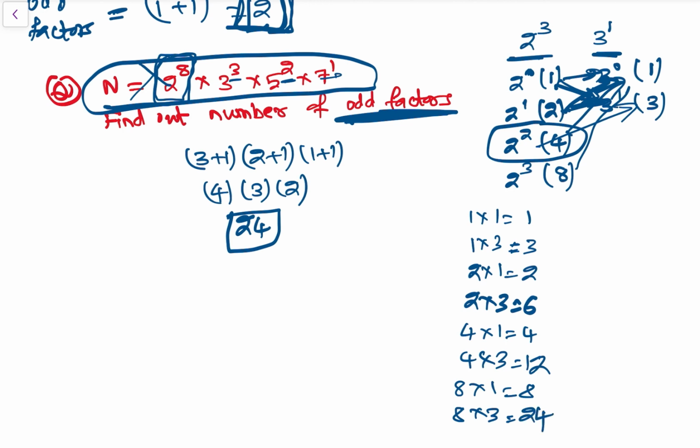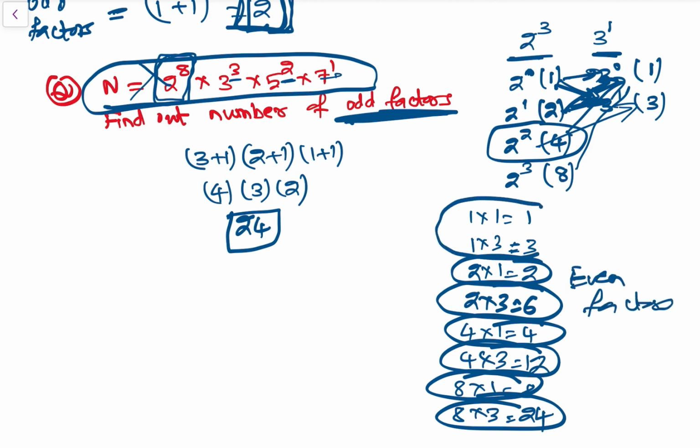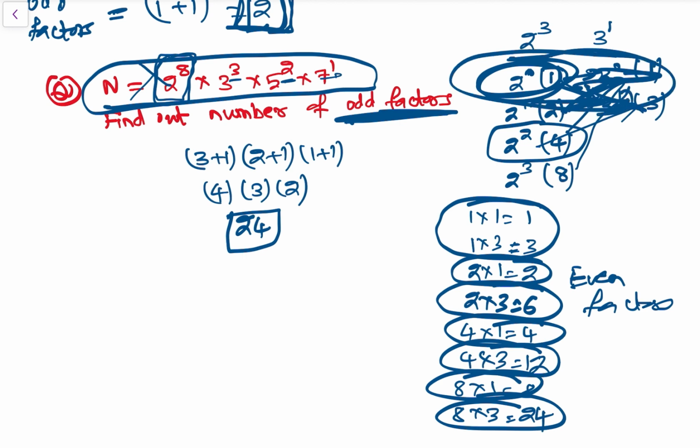Now see, 2, 6, 4, 12, 8, 24 are all even factors. Except for 2 to the power 0, that is 1 into 1 and 1 into 3, only these are odd numbers. So only as many factors as the powers of the odd number allow will be odd factors.